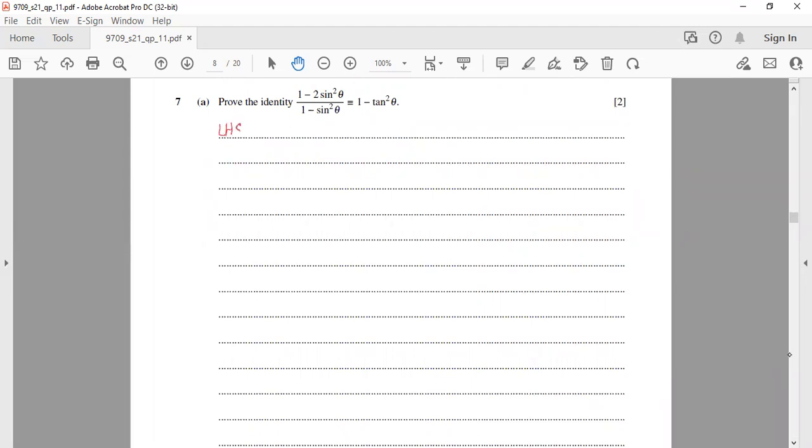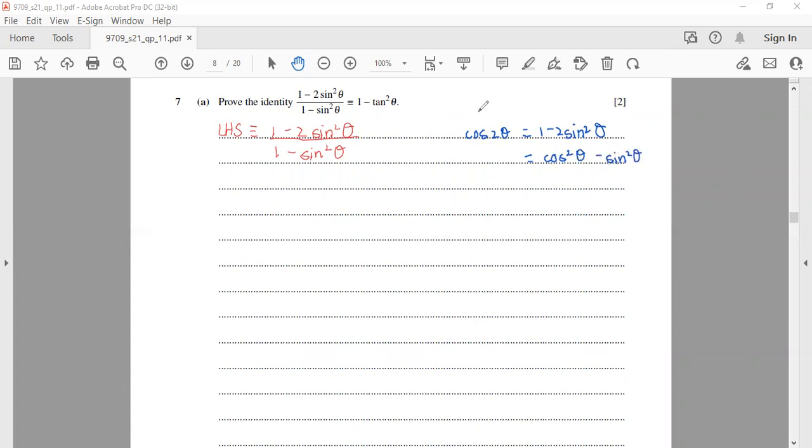So the left-hand side is equivalent to 1 minus 2 sine squared theta divided by the root of 1 minus sine squared theta. 1 minus 2 sine squared theta, we can remember from the double angle formula: cos 2 theta is equal to 1 minus 2 sine squared theta, which is also equal to cos squared theta minus sine squared theta.